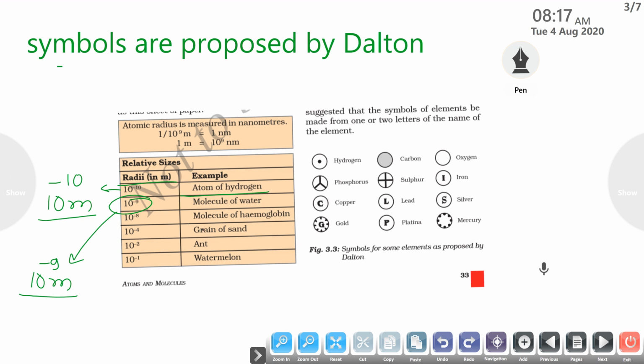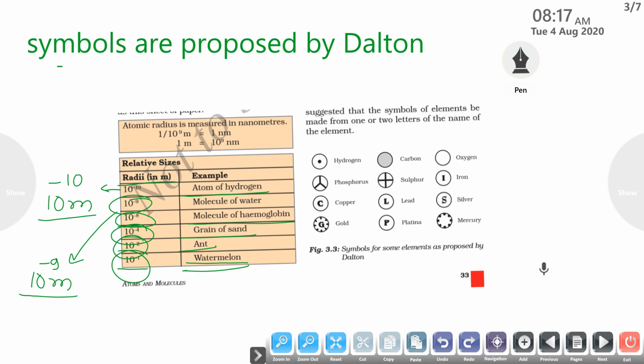Then, hemoglobin size is 10 to the power of minus 8, grain of sand 10 to the power of minus 4, and 10 to the power of plus 2, watermelon 10 to the power of minus 1. This is each object's size here. Clear? Here the watermelon is not having a weight of 10 to the power of minus 1; the single atom, the size is 10 to the power of minus 1 meter. Okay, so these are different examples with their relative sizes.